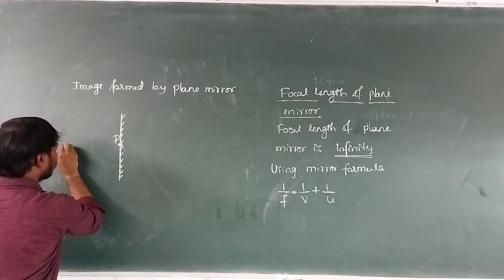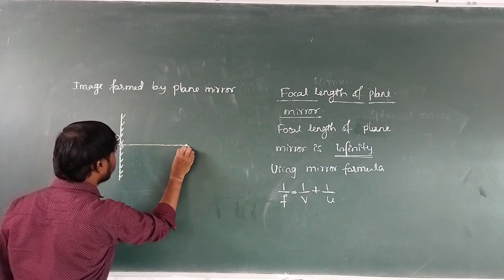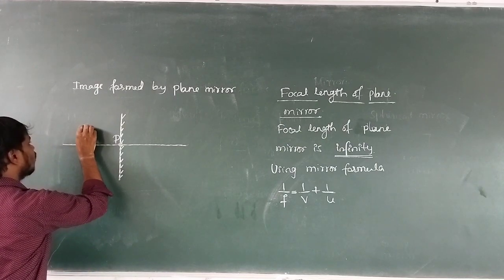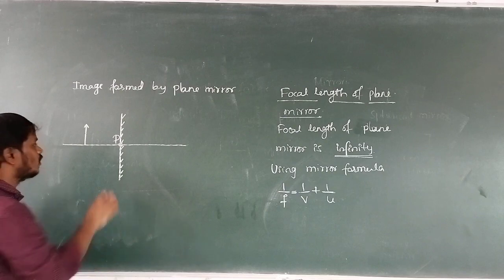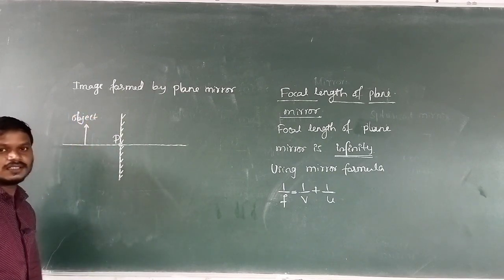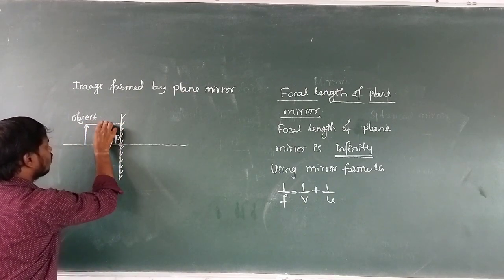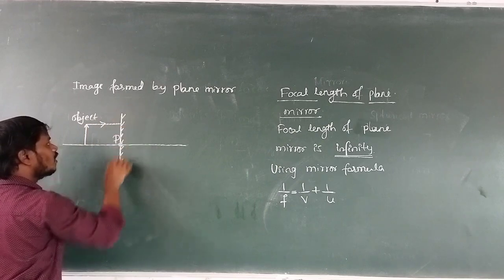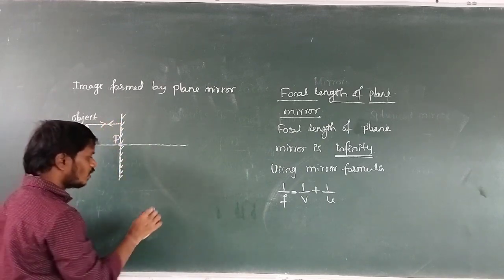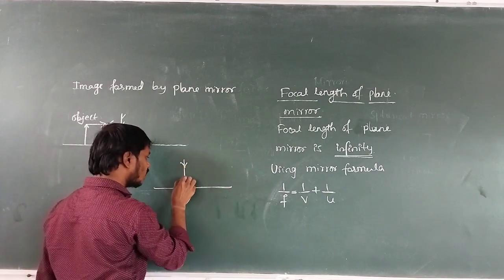Now let us draw the diagram. This is the principal axis. If there is an object placed in front of the reflecting surface of the mirror, this is the object. If the ray from the object is incident normally on the reflecting surface, it reflects normally.